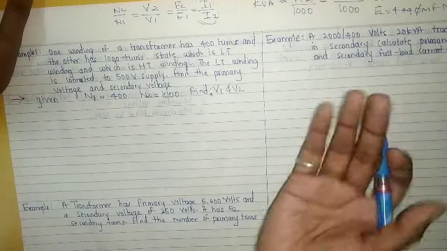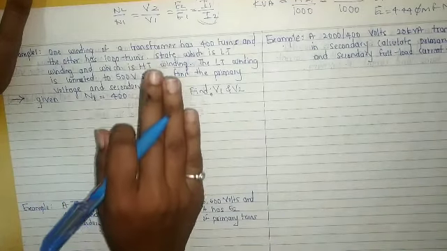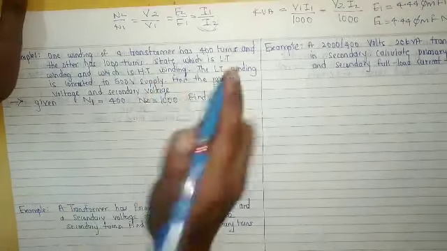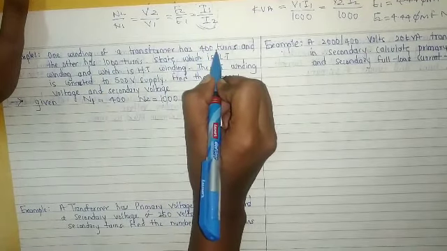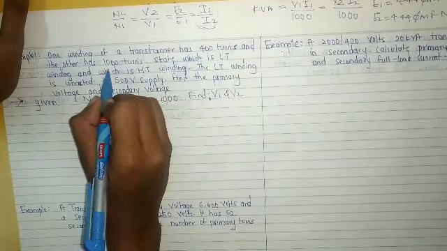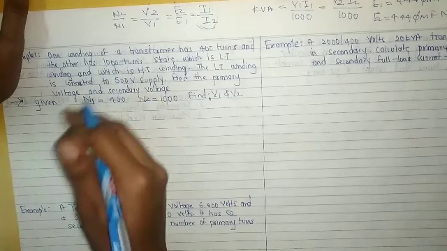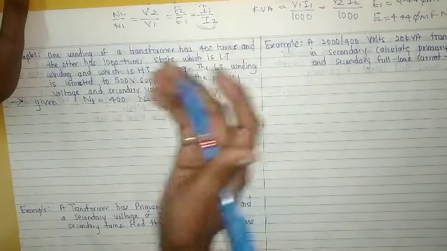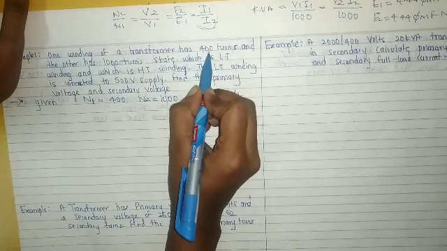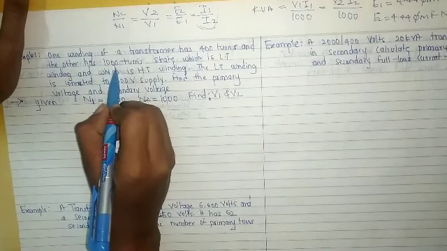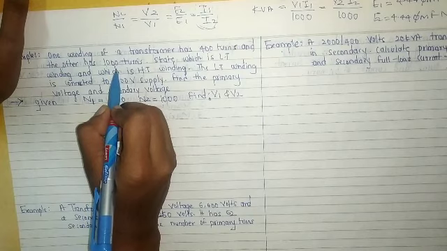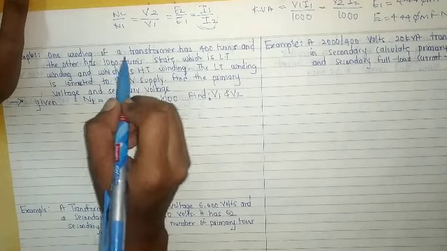Less number of turns, lesser will be the voltage. Now here, what will be the voltage of this 1000 as compared to 400? So the 1000 turns, that means voltage is more, right? Voltage is more as compared to this. So here 1000 turns, that means higher is the voltage.